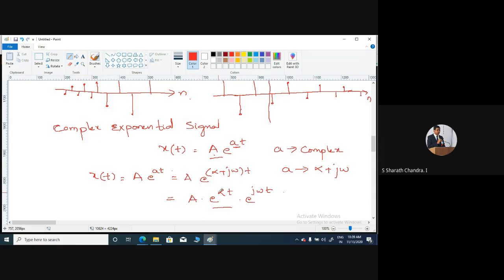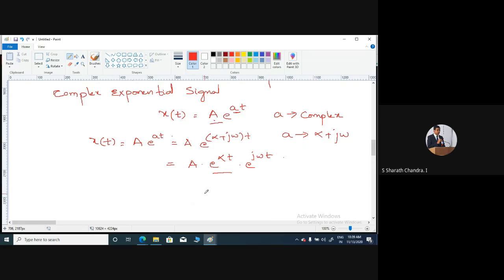Therefore, from the definition of Euler's identity, we can expand e power j omega t and represent it in the form of A into e power alpha t into cos omega t plus j sine omega t.